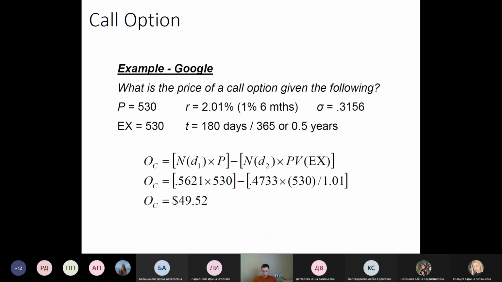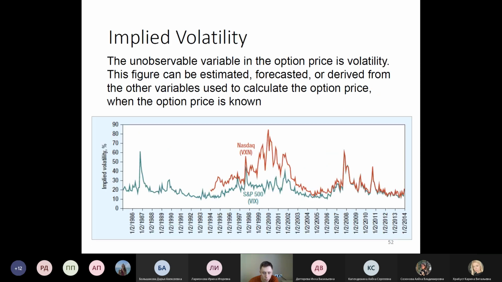In order to estimate it, we need to have Excel spreadsheets, because we have the cumulative distribution there that is difficult to estimate without Excel. But I believe you also practiced that working on the course.